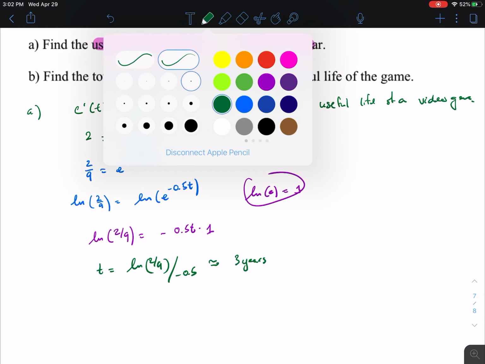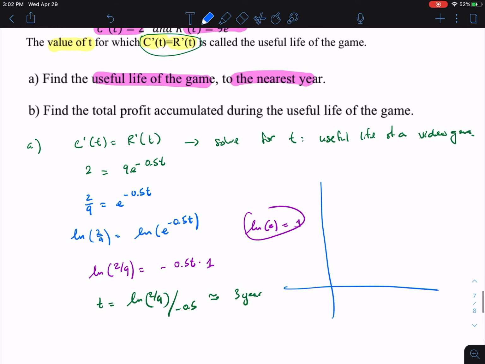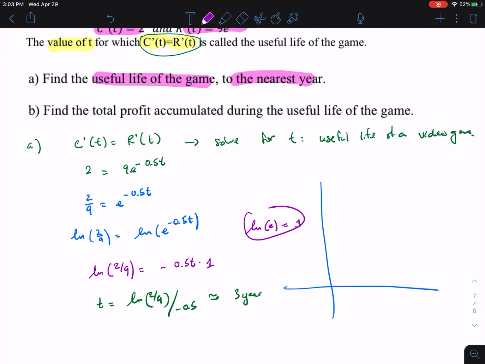If we look at it in terms of the graph, if we were to graph these two functions, our revenue rate is a negative exponent in terms of power e, so it's going to decrease like this.